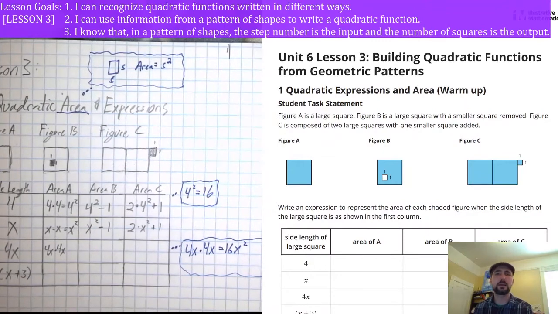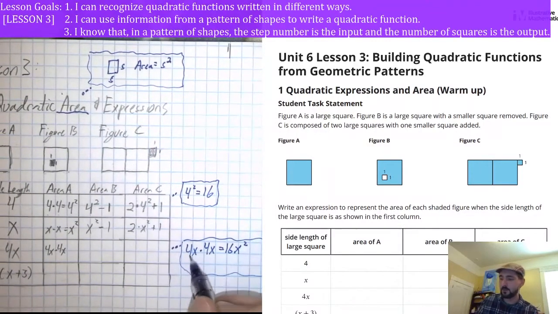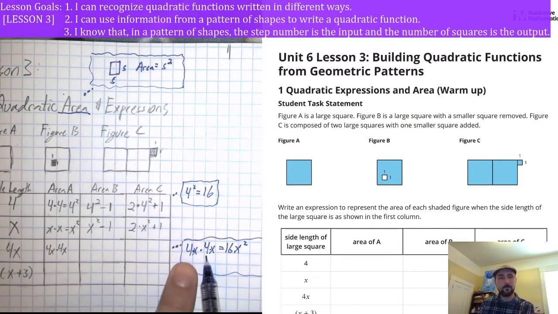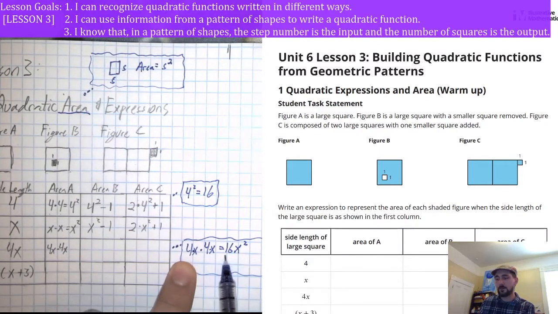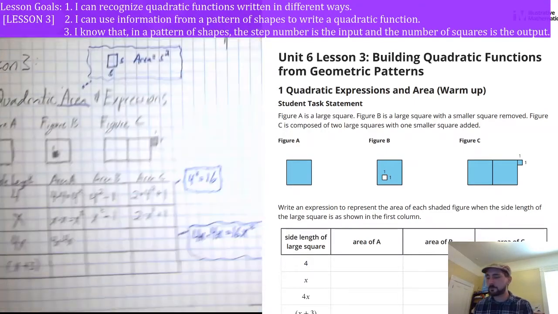Right, this has to do with how we talk about multiplying factors together. Because remember, when we write 4x, what we really mean is 4 times x and 4 times x. So we can read this as 4 times x times 4 times x. And when we do that, the 4's combine, 4 times 4 is 16, and the x's combine, x times x is x squared.